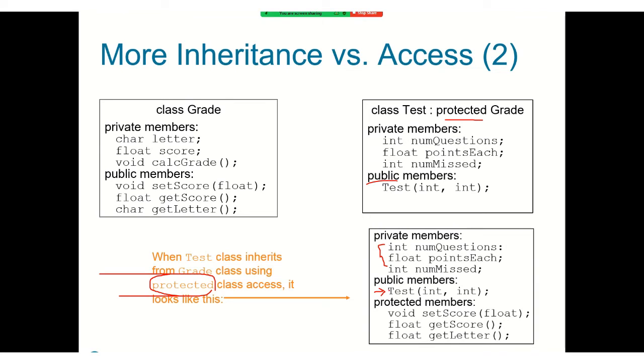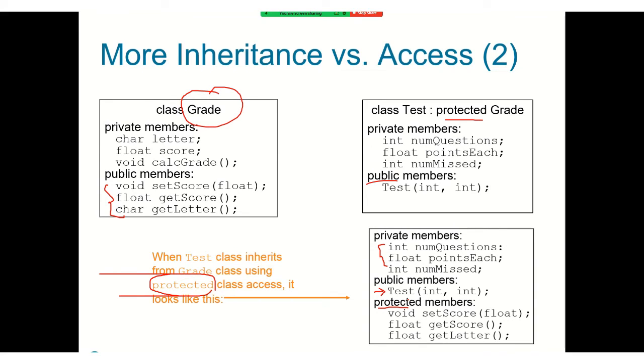But the protected members should be this one. So public members of the grade class become protected members of the derived class. Remember that they will no longer be public. They will be treated as protected because this test class is inheriting from the grade class using the protected class access.